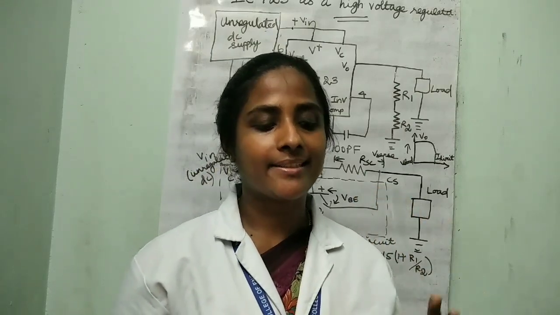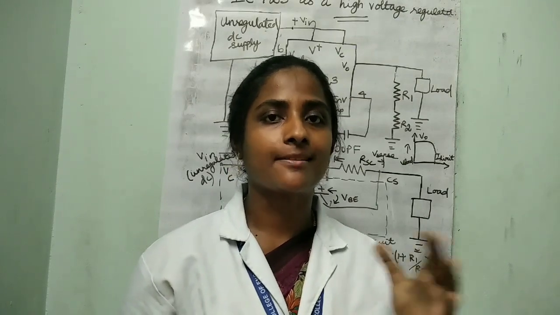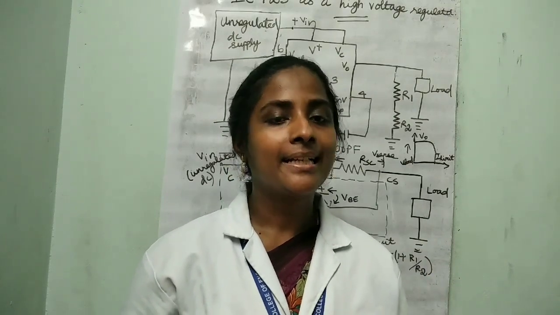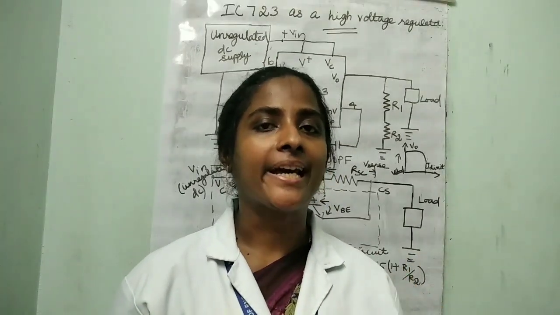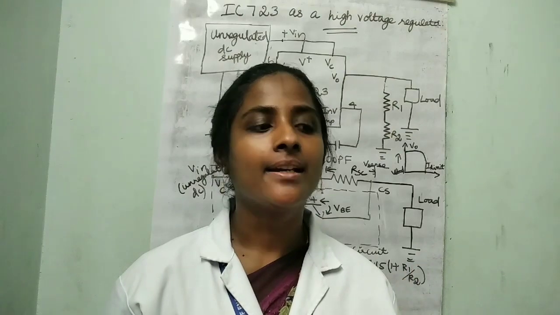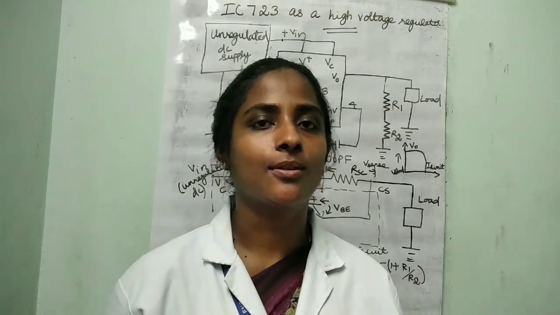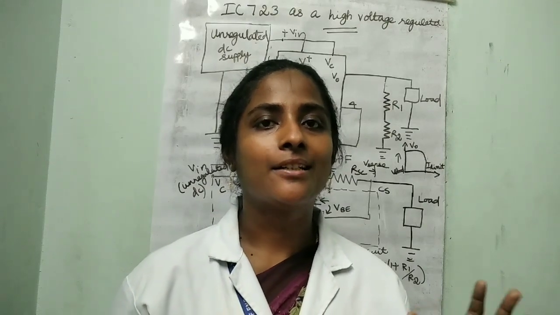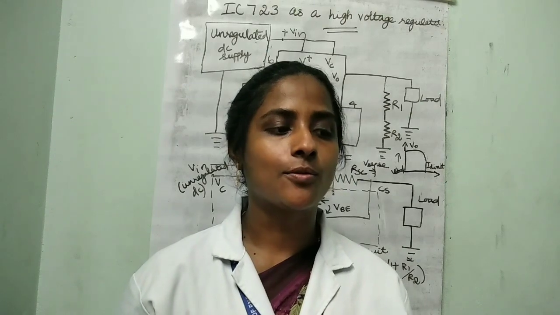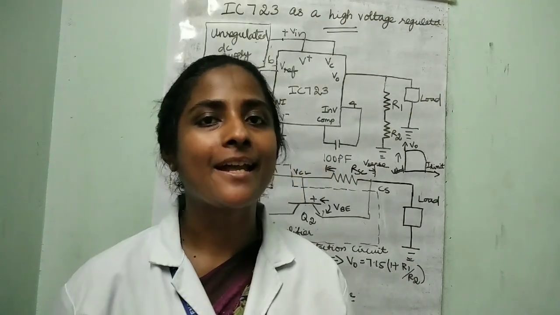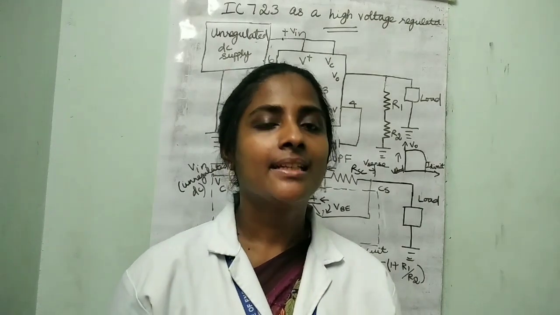When the voltage is approximately 0.5 volt, the transistor begins to turn on. Now a part of the current from the error amplifier goes to the collector of transistor Q2, thereby decreasing the base current of Q1.